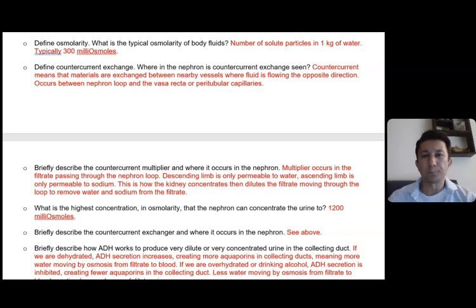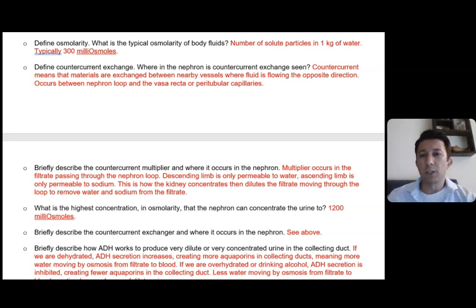Those are going to be mostly water with some fairly dilute concentrations of sodium, potassium, glucose, calcium, that kind of thing, with sodium being the major player in contributing to fluid osmolarity and the solute concentrations in most of our cells and tissues.